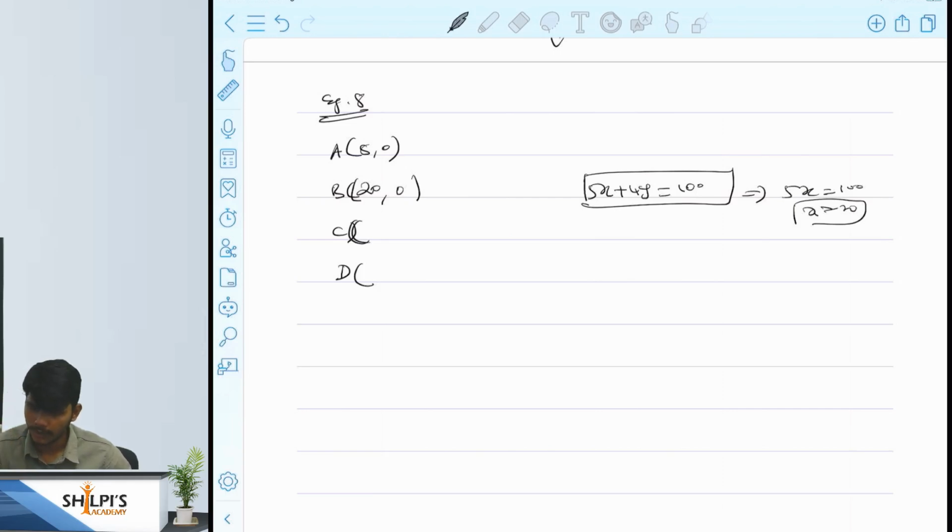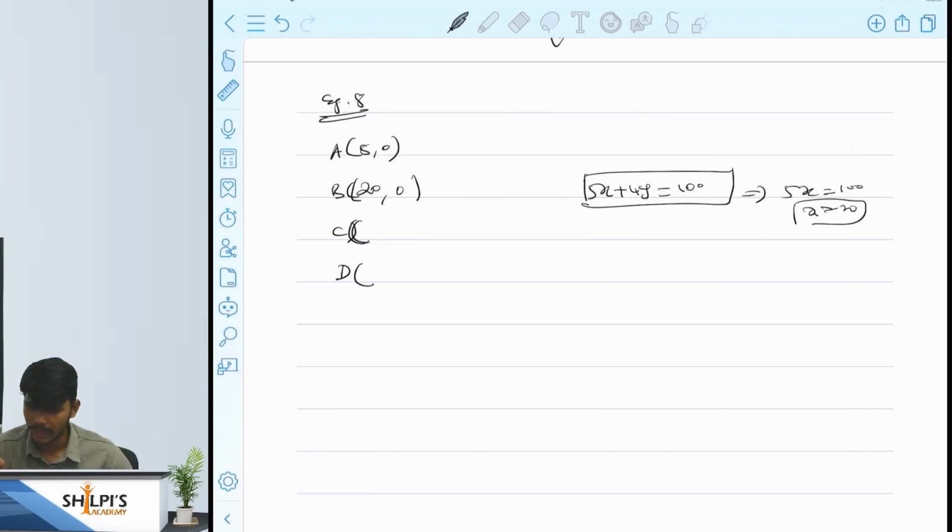If you want to find the coordinates of some point, you want to find which line is passing through that particular point, and if that point is on the axis, you can easily find its coordinates.